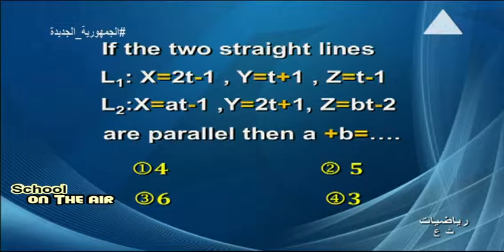What do you mean, my dear students, by two straight lines being parallel? Two straight lines are parallel if a1 over a2 equals b1 over b2 equals c1 over c2.